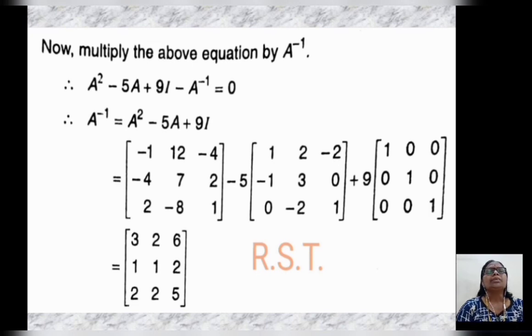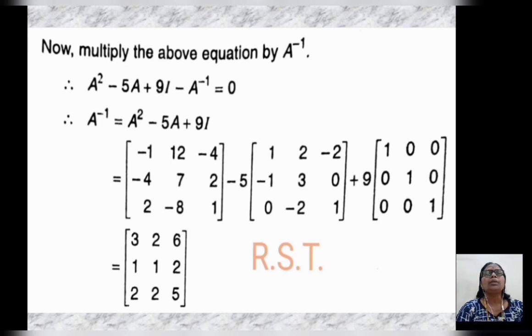Taking values of A square and A from the previous terms, we get A inverse equal to, after simplifying, a 3 by 3 matrix whose first row is 3, 2, 6, second row is 1, 1, 2, third row is 2, 2, 5.